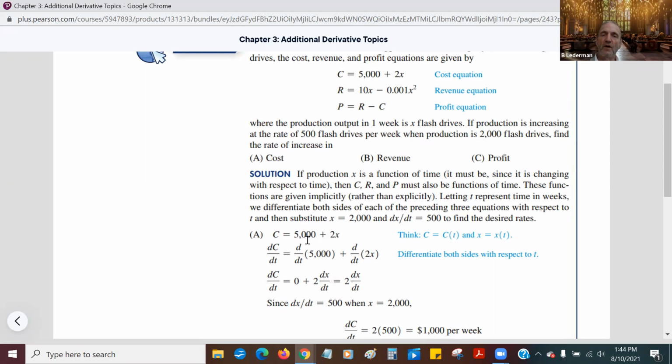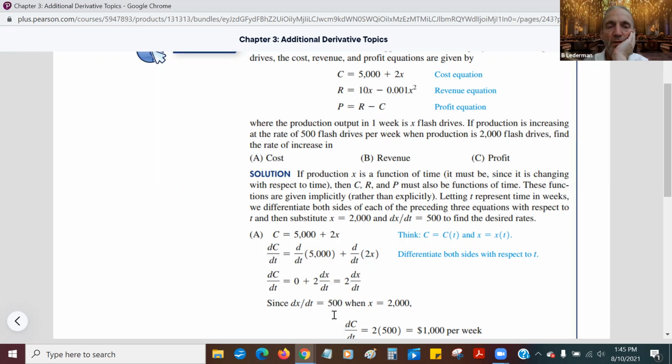So cost is equal to 5,000 plus 2x. If I take the derivative with respect to time, I get dC/dt is equal to the derivative of 5,000, which is just 0, plus the derivative of 2x, which is just 2. So dC/dt is equal to 2 times dx/dt, because that's the inner derivative again.